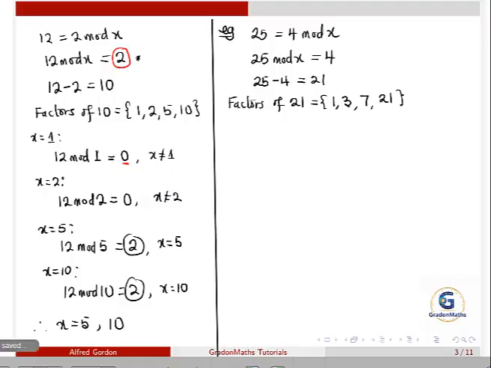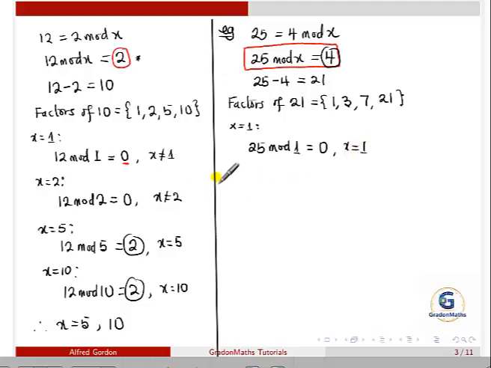This is our rewritten equation, so we are going to do the substitution in that. When x is equal to 1, an element in our factors, we have 25 mod 1. We are expecting a result of 4, but 25 mod 1 gives us 0, which means that x is not equal to 1.